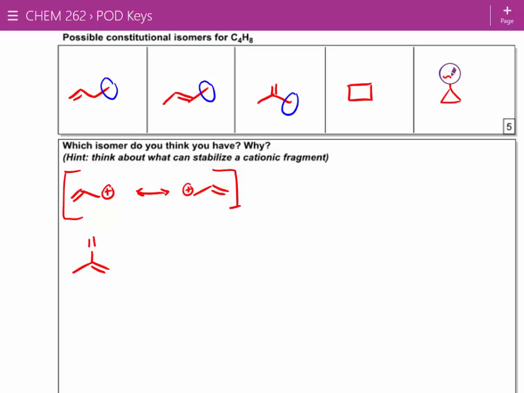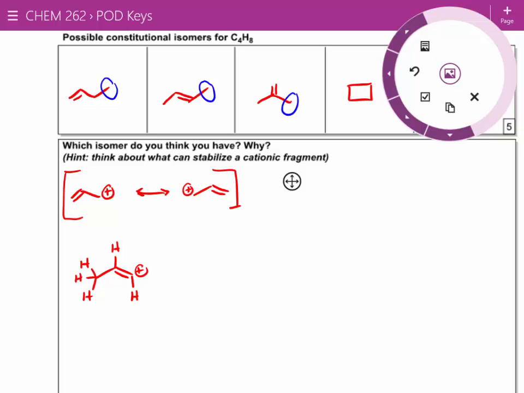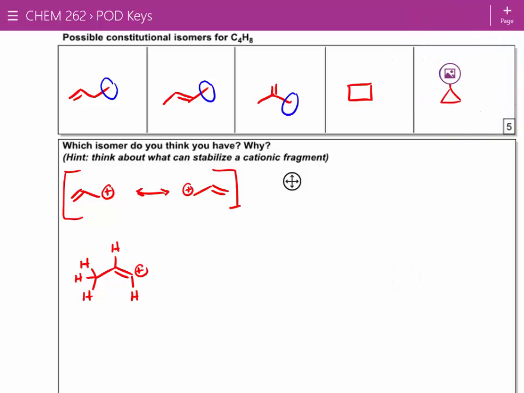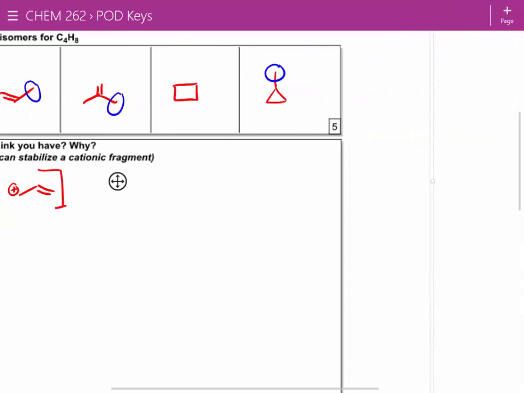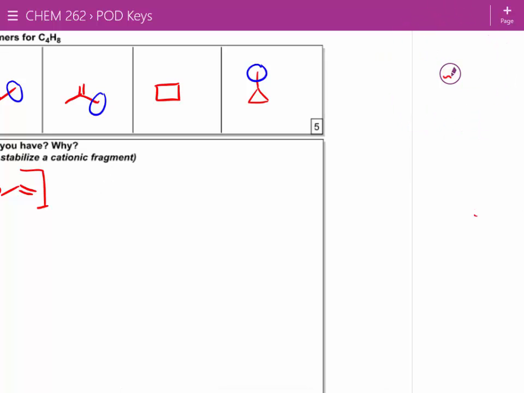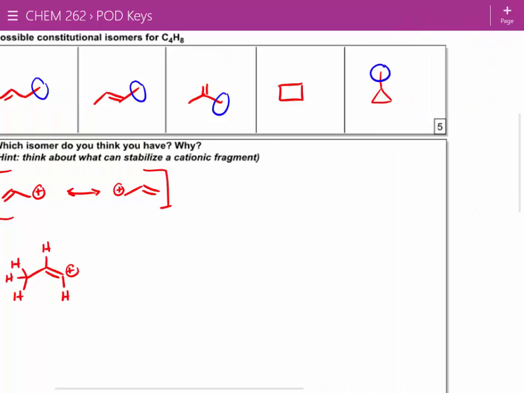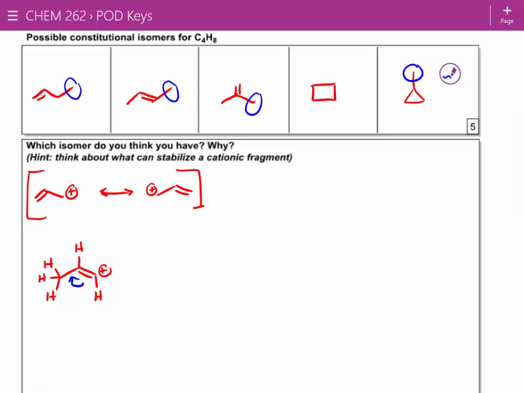What I'm going to do is draw in all of the hydrogens, and you guys should be able to see that there's no resonance with a vinylic carbocation. The hydrogen down there. Let me move this over a bit. We can try to push these electrons over. Let me grab my pen. If we move these electrons over there, we're going to violate the octet rule, and we know this is not allowed.